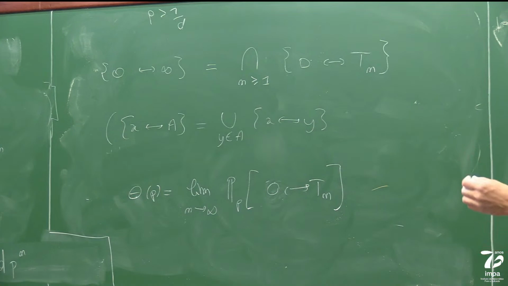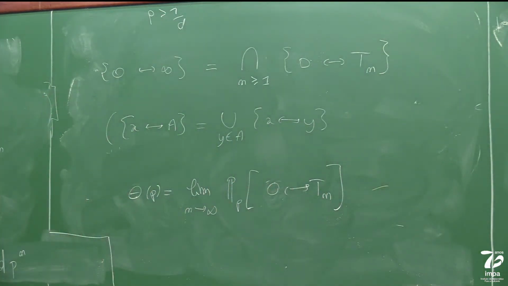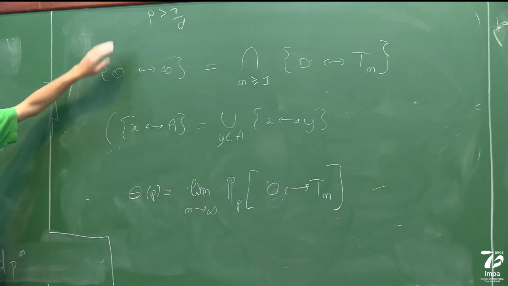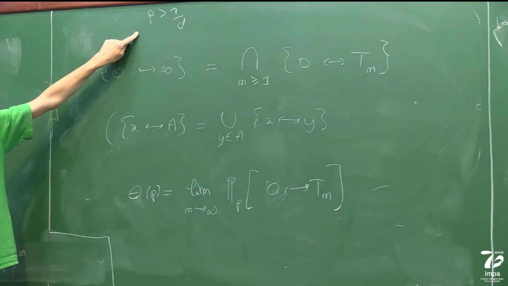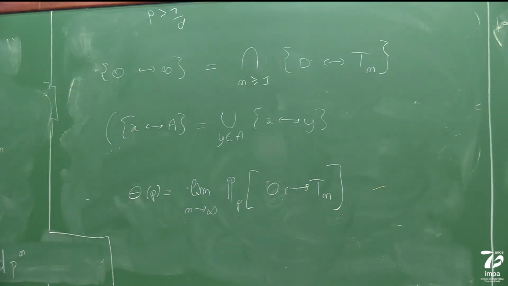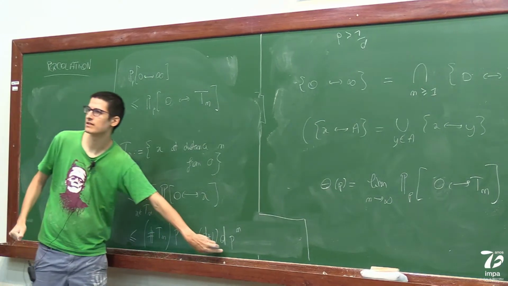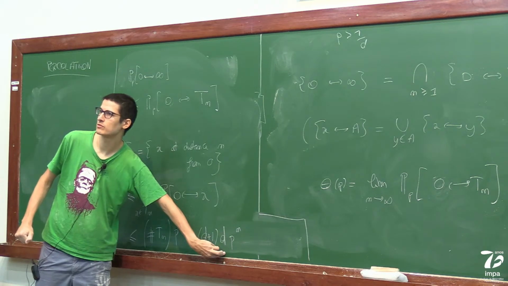Okay, so now basically what we know is that if p is larger than 1 over d, then the expected number of vertices in Tn that are connected to the root goes to infinity, because this is what we have computed here.